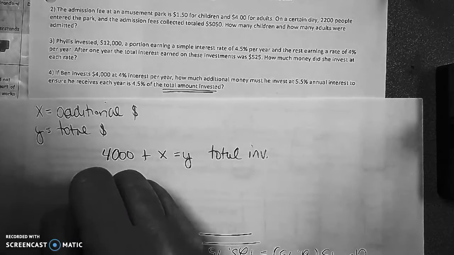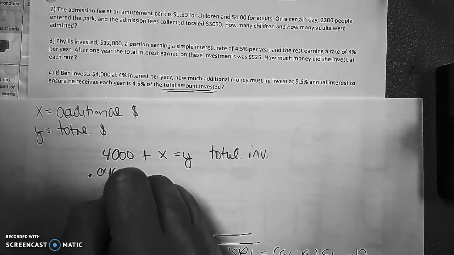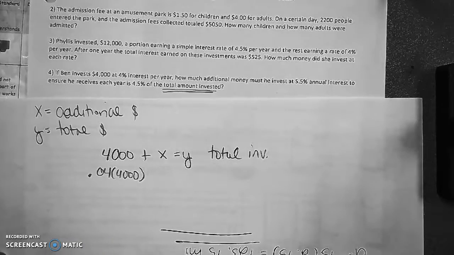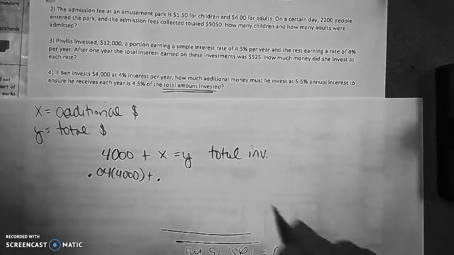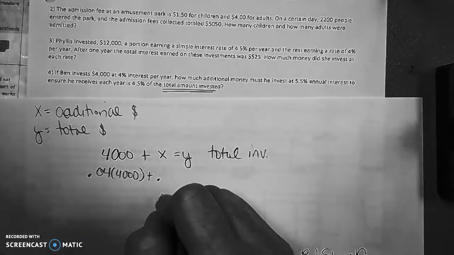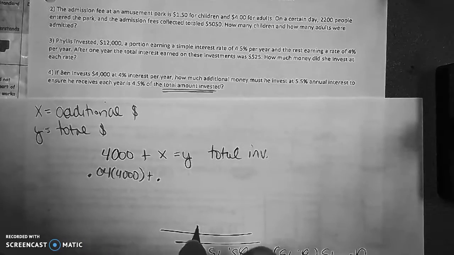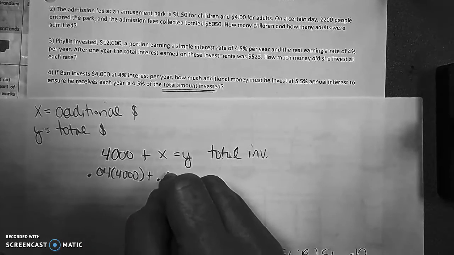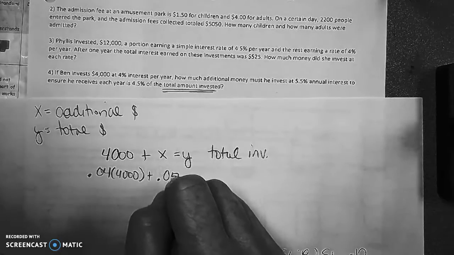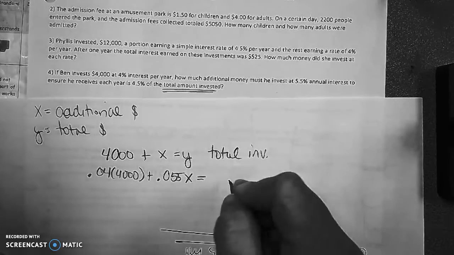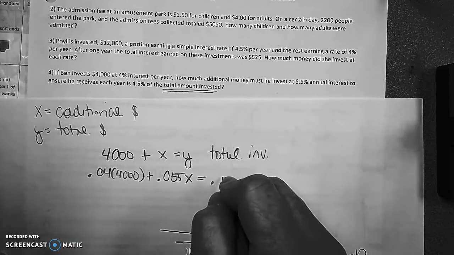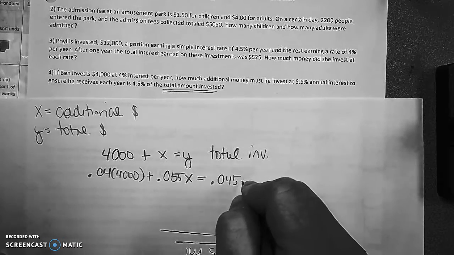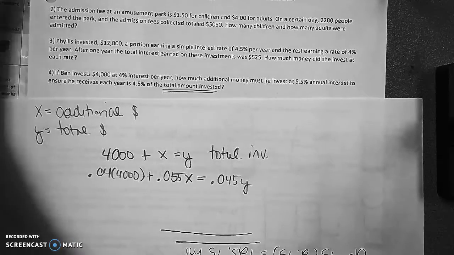So we're going to earn 4% of 4,000. So I can figure out how much money I've earned off that account. Account 2 earns 5.5%. So if I wanted to write an expression for how much money I've made off that account, I would take 0.055 times X. And my total amount, I earn 0.045 of my total investment. So there's your equation for that.